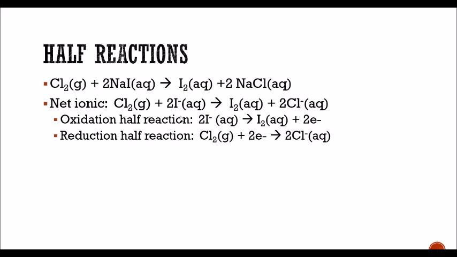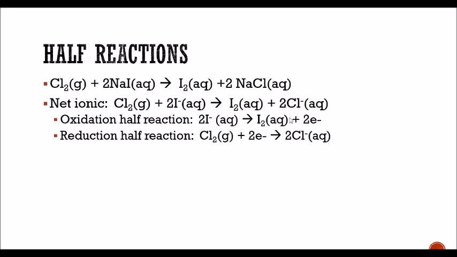So after I strip out the sodiums, I'm left with the iodines. In my oxidation half reaction, I'm just showing the oxidation take place. I'm starting off with 2 iodide ions. Those are getting turned into elemental iodine, aqueous. Notice the charge on the left is -2. The charge on the right is 0, but then I add this +2e- to show those 2 electrons that are being lost.